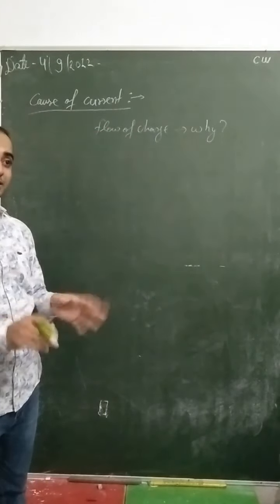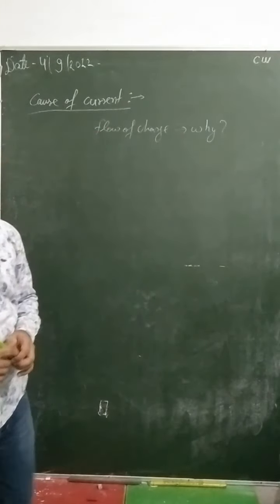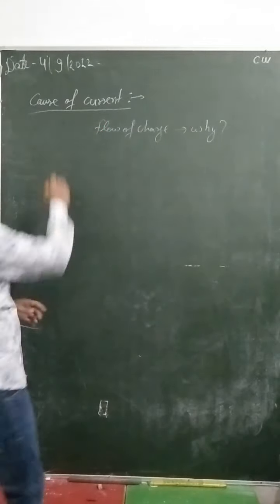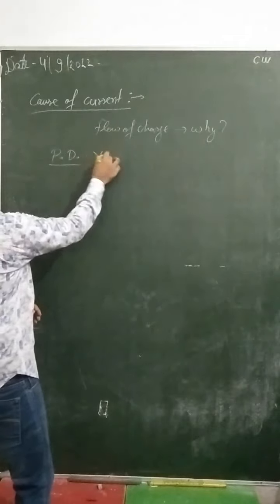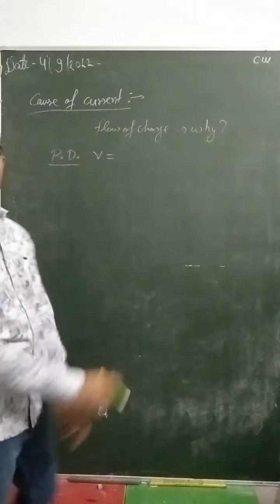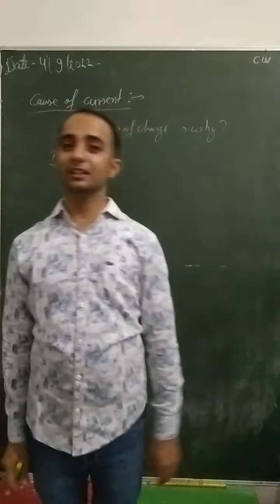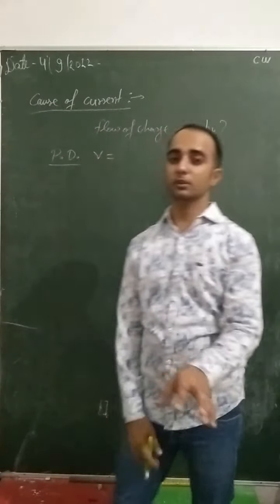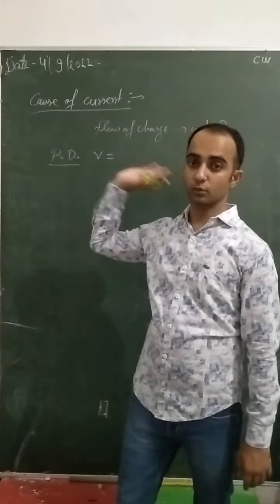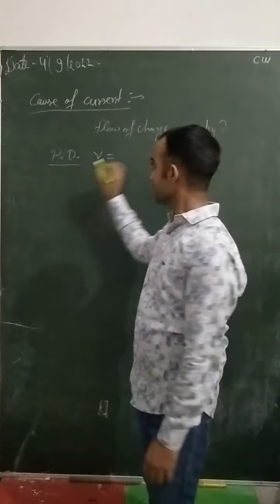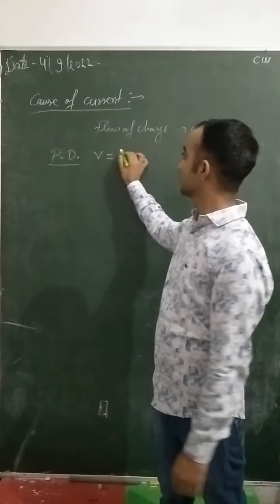So from where does this energy come in an electric circuit? This energy comes from potential difference, and that energy is responsible to do work for the motion of current, the motion of charge particles. So what is potential difference?